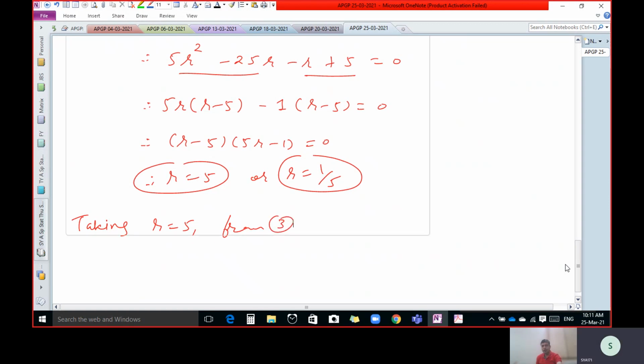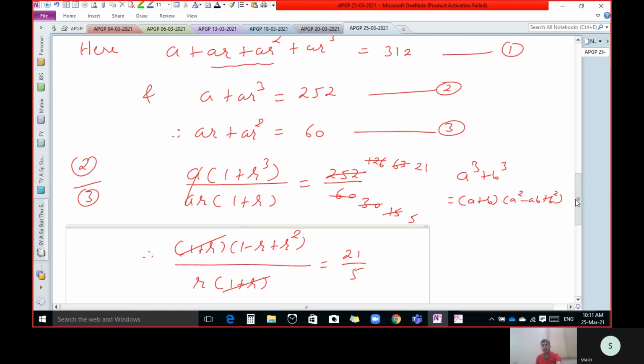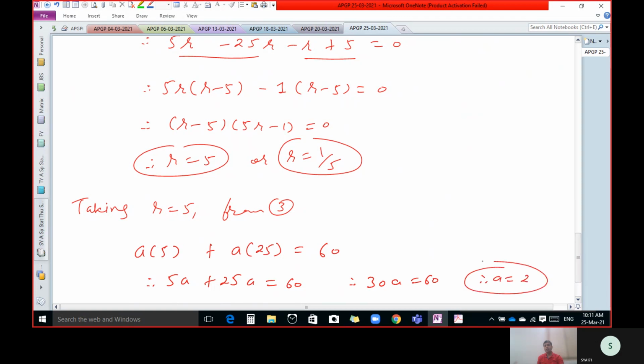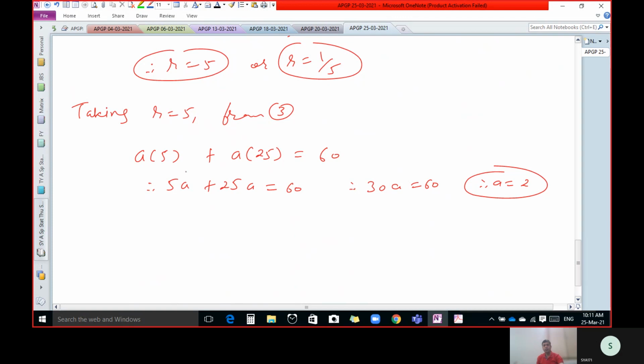Our third equation is AR plus AR square. So A into 5 plus A into R square, 25, equal to 60. So this is 5A plus 25A, that means 30A equal to 60. So we get A equal to 2. So now we know the value of A, and R is 5.